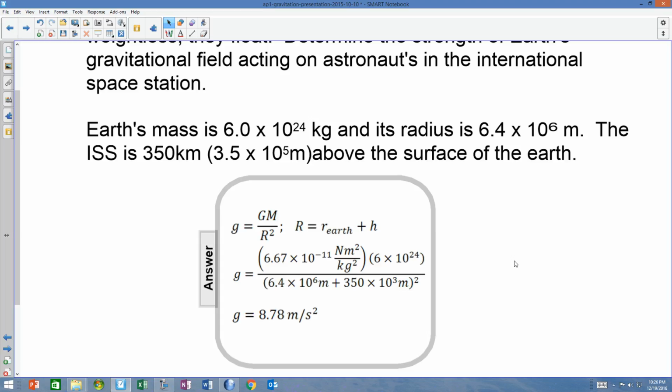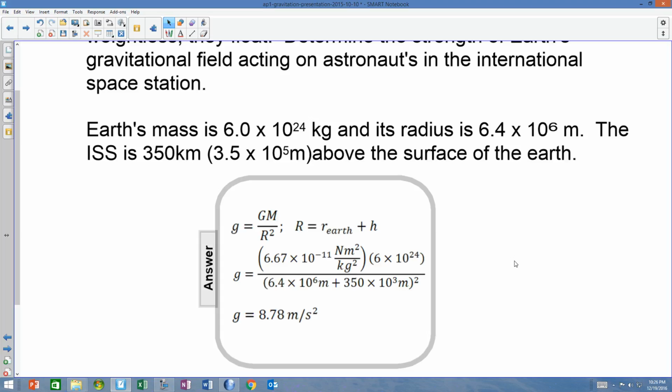And notice that the gravitational field is 8.78 meters per second squared. This is nowhere near zero. Okay, so notice that this is pretty significant. 8.8 meters per second squared is only one less than on the surface of the Earth, which is 9.8.